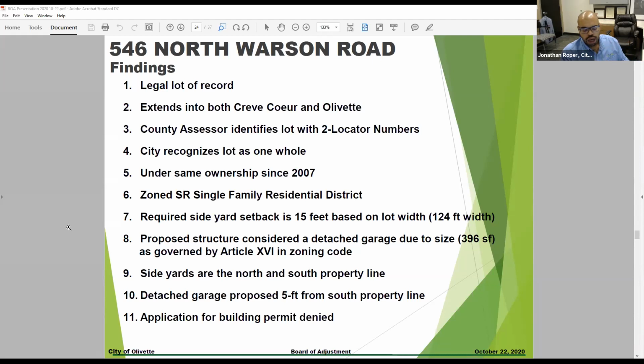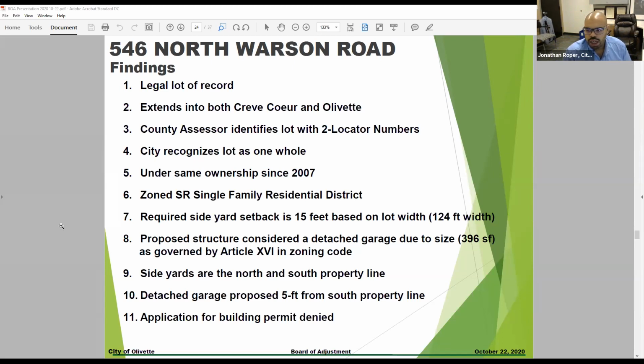Finally, there are other pictures in the staff report. At the end are the accessory code and the Board of Adjustment code as well. Then you also have the application for the building permit, along with emails that staff forwarded to you earlier. These were an approval letter from a neighbor, as the property is very long, one of the houses up Warson gave approval.